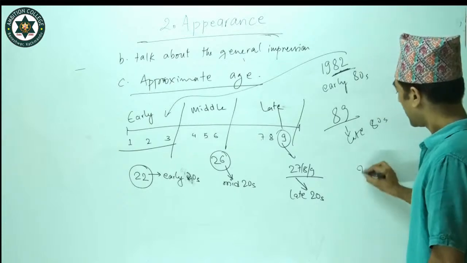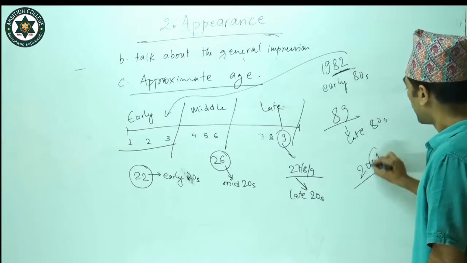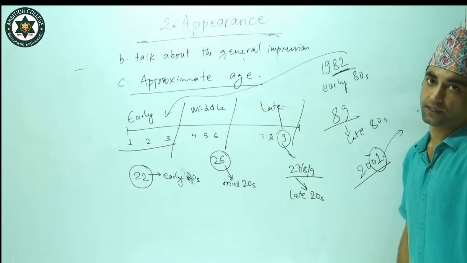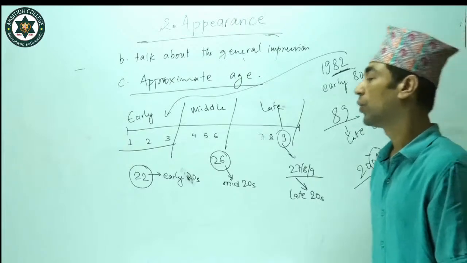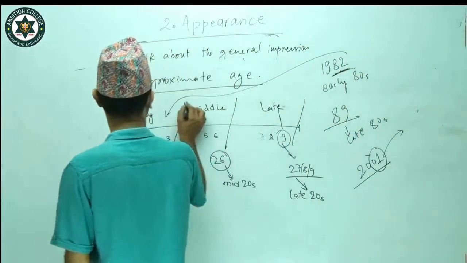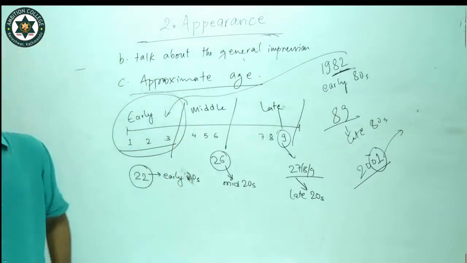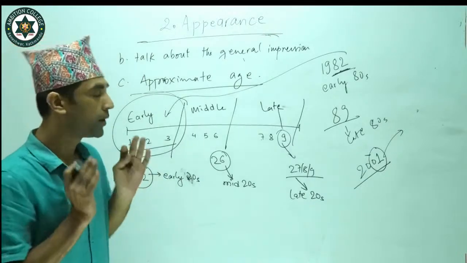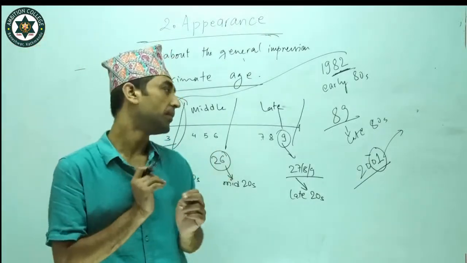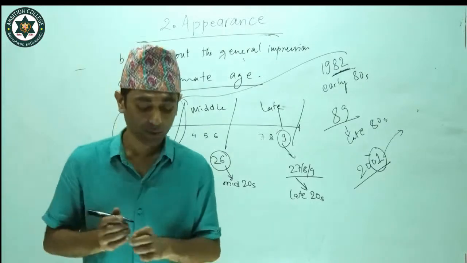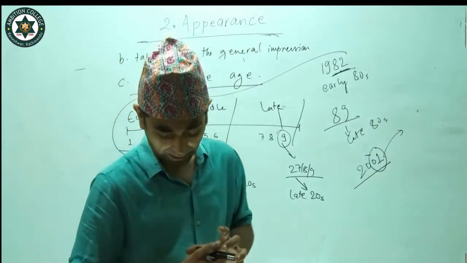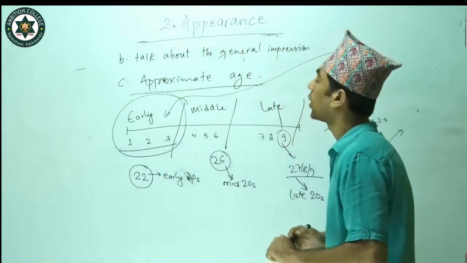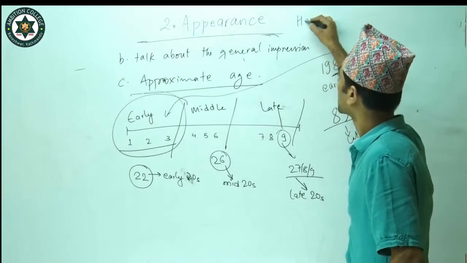If it's 2001, 1 comes in early, and we call it early 21st century, right? Whenever a digit falls in the first 3 part, we call it early. With the middle 3 part, we call it mid, and the last 3 part, we call it late.